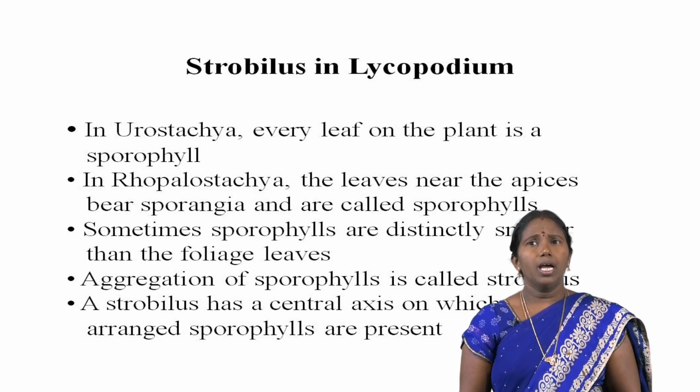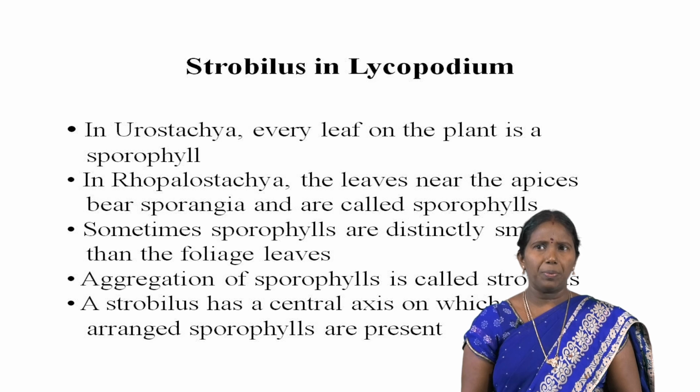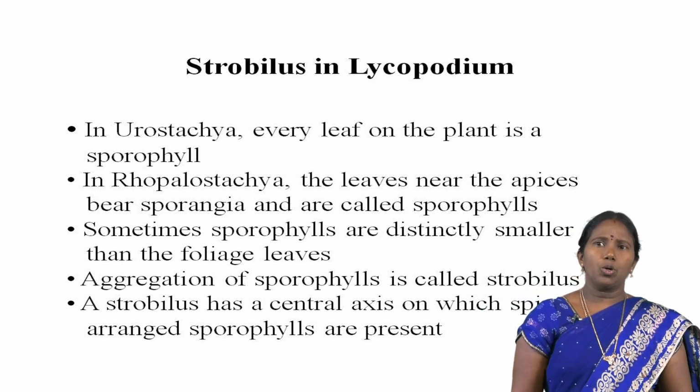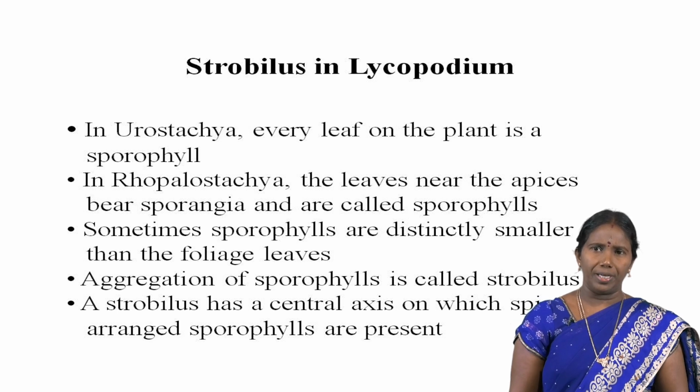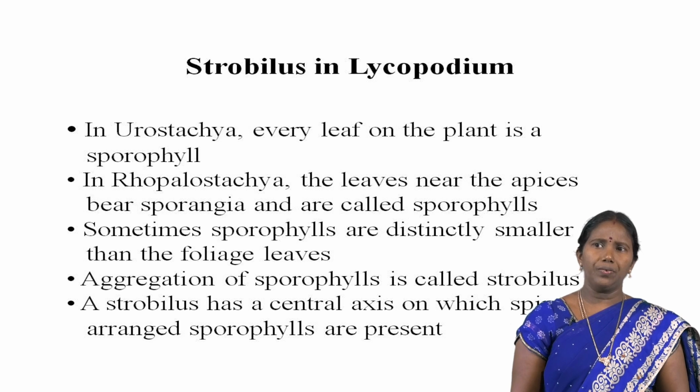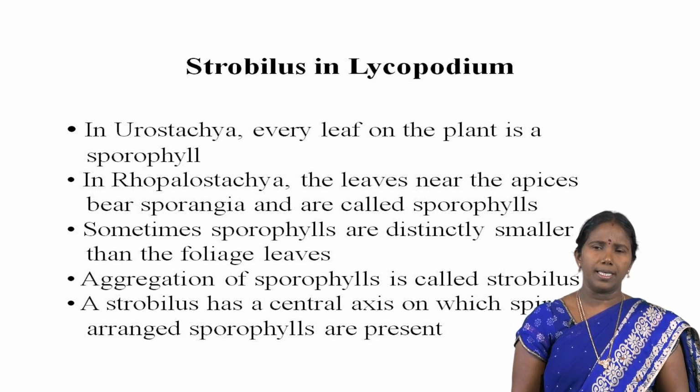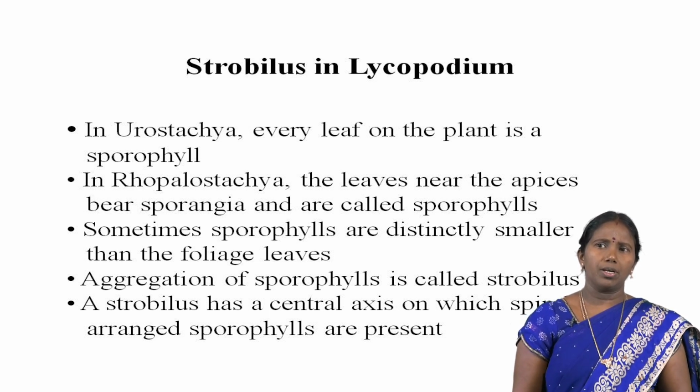This slide shows Lycopodium strobilus. In Eu-strobilus, every leaf on the plant is a sporophyll. In Rhopalostachya, the leaves near the apices bear sporangia and are called sporophylls.